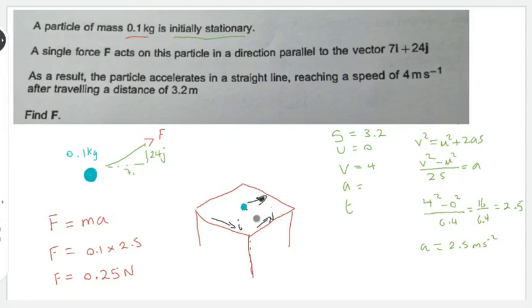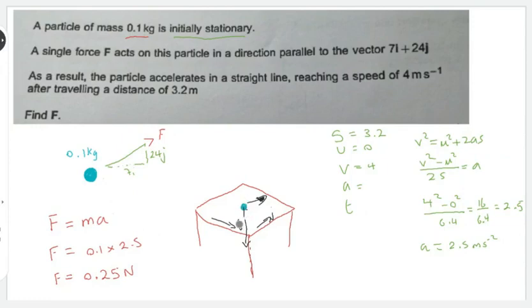Yeah. And then the weight of the ball acts this way, which is perpendicular, so it's got nothing to do with the movement of the ball. I initially included the weight, thinking it would be part of the resultant force, but it's not, because it's acting in a different plane altogether.